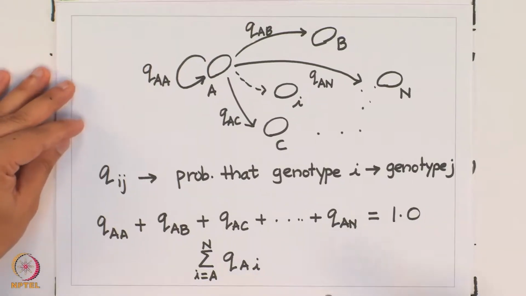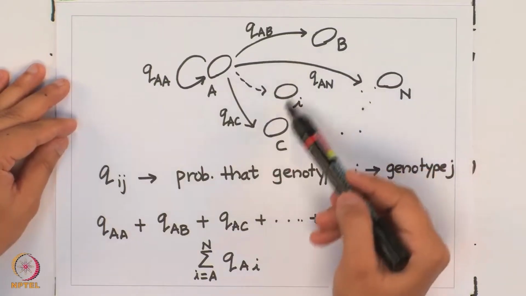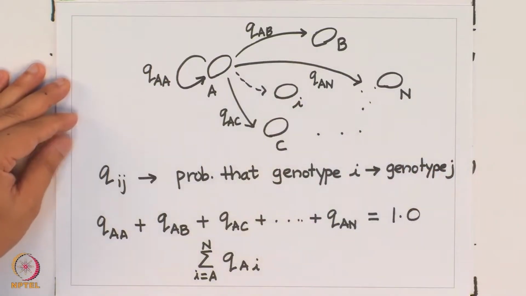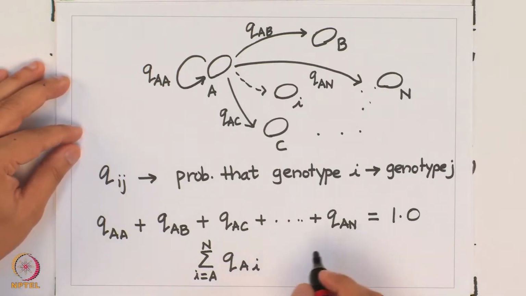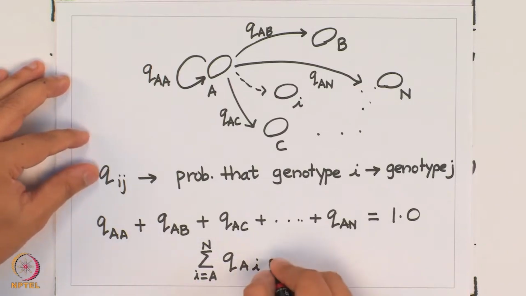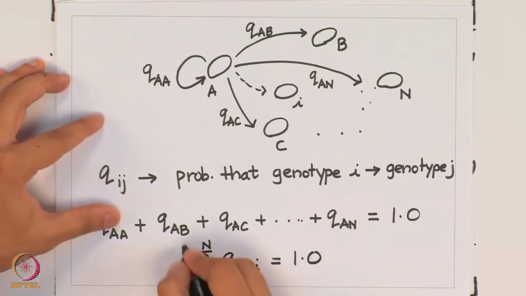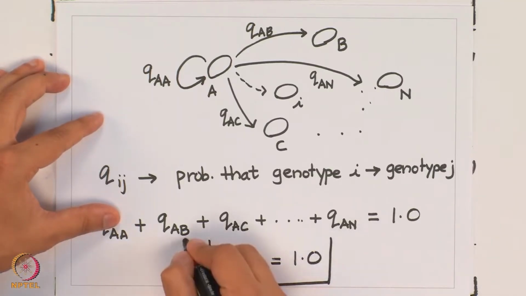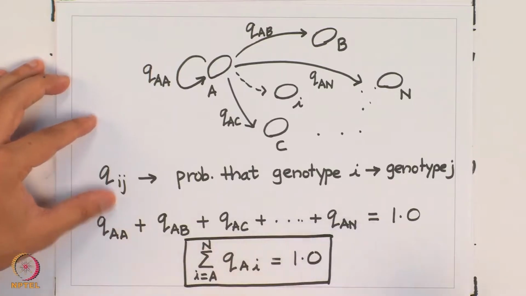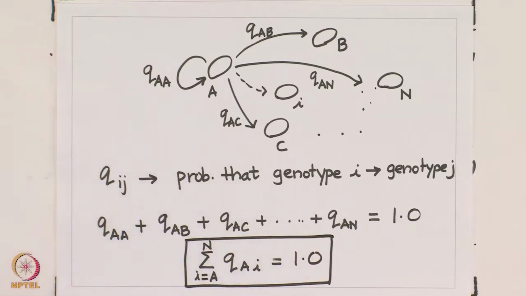But the fact is that the progeny has to belong to one of the N genotypes which are present here, and hence the sum of all the probabilities that the progeny belongs to one particular genotype has to be equal to 1. So sigma QAI, I varying from 1 to N, is equal to 1. And this is going to come in handy as we move forward with our analysis.